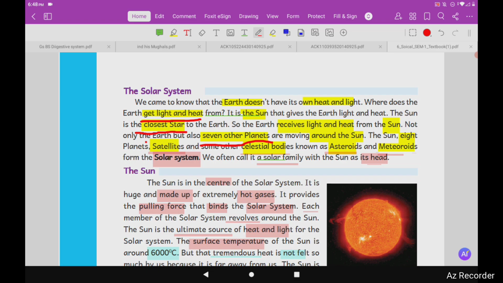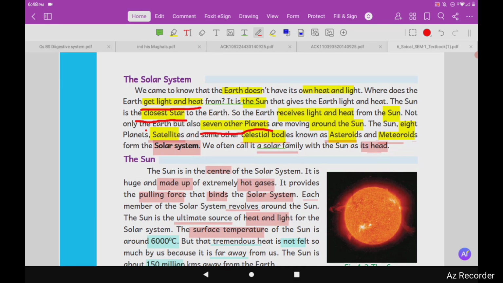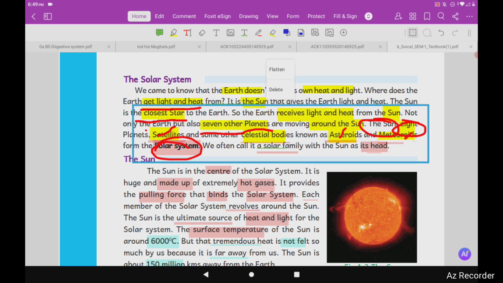8 planets, satellites, and other celestial bodies known as asteroids and meteorites form the solar system. Here, the solar system contains the sun and 8 planets and also other celestial bodies like satellites, asteroids, meteorites, comets, etc. We already discussed all these things in the last class.